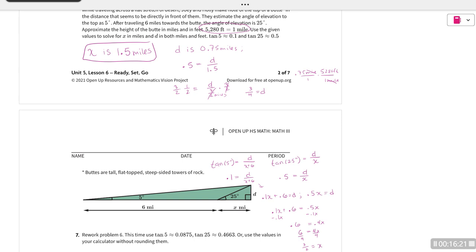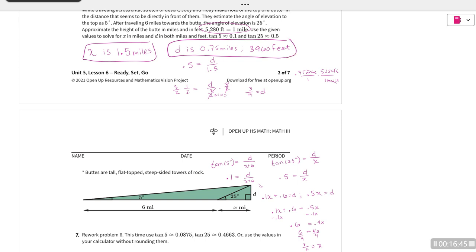We're only left with units of feet. So that's how we can remember the way we want to convert. So 0.75 times 5,280 gives us 3,960 feet. So there's our answer for d.